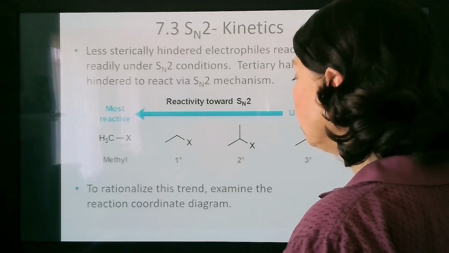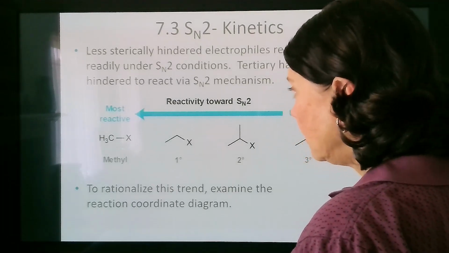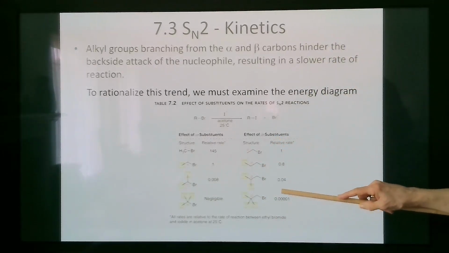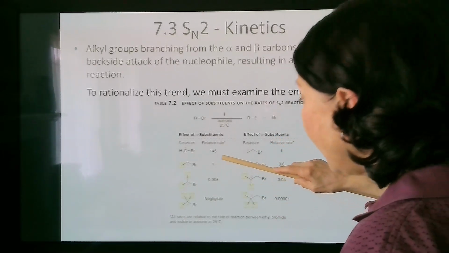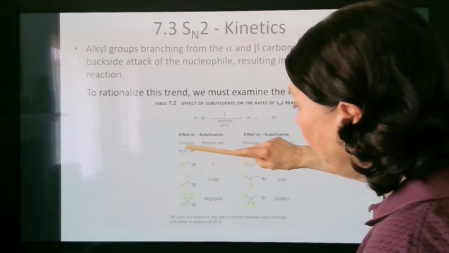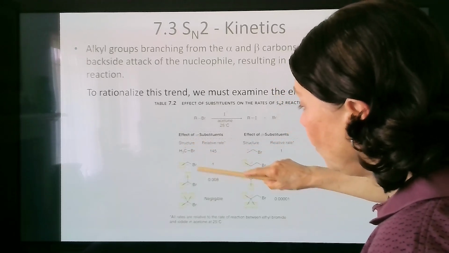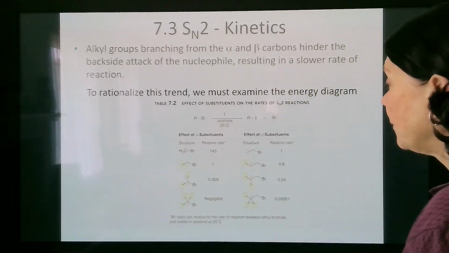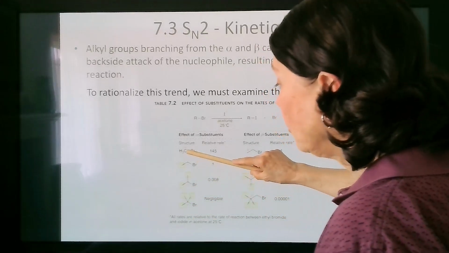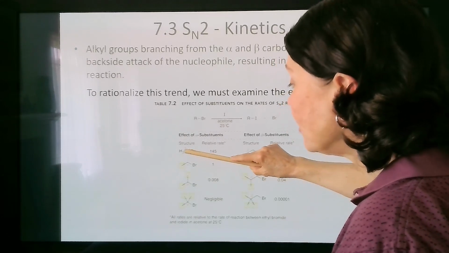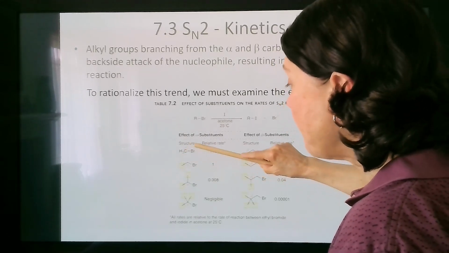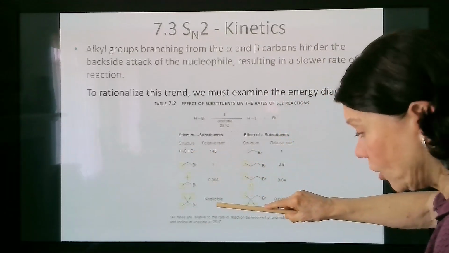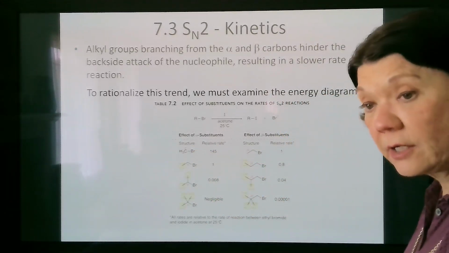So here are some relative rates. You can see that as we go from methyl bromide to primary, secondary, tertiary alkyl bromides, and you increase the branching at that carbon bearing the leaving group, the relative rate decreases, and that's due to the steric hindrance.